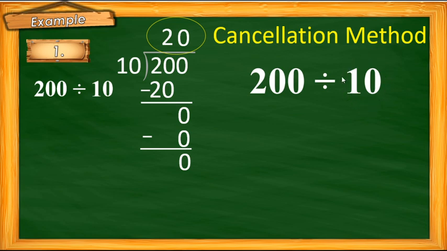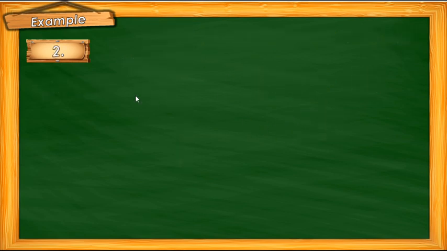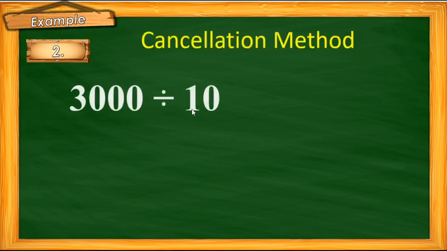How many 0 in the divisor? We have 1. So we cancel 1 0 in the dividend. So the quotient now would be 20. So they have the same answer.